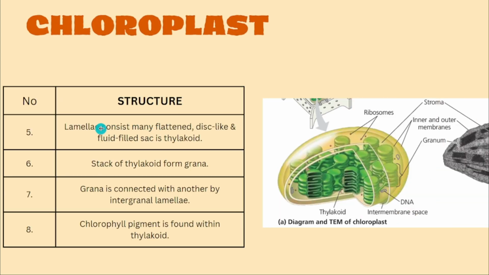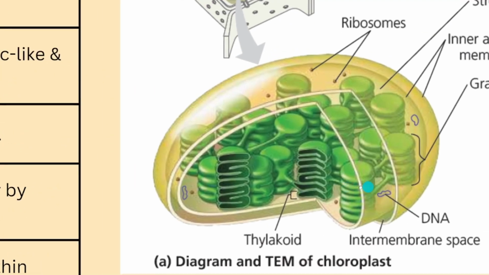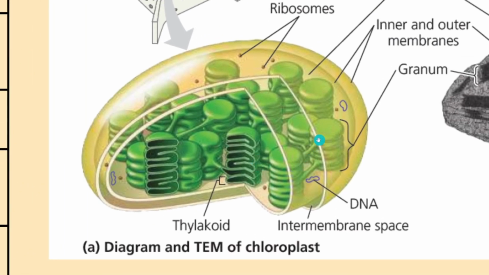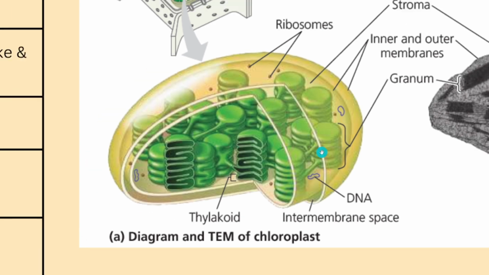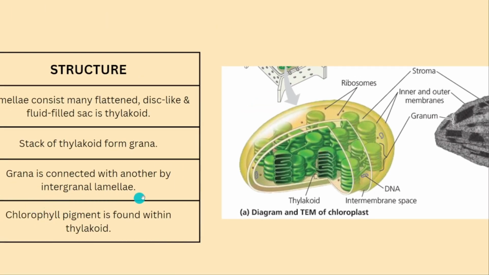Lamella consists of many flattened, disc-like cells which we call thylakoids. Thylakoids will form the grana, and grana are connected to one another by the intergrana lamella. You can see in this diagram the thylakoids are interconnected to each other. This structure we call intergrana lamella.